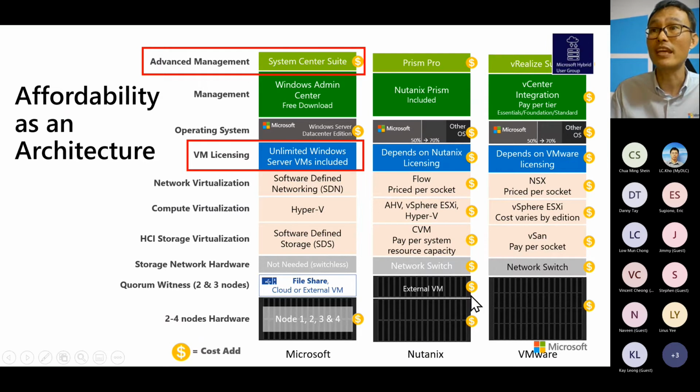Now, without saying, the ones that have the most dollar signs would probably be the more expensive ones, considering Azure HCI, if you're running it with Windows Server, you pay for the hardware, you pay for Windows Server, and optionally you pay for System Center if you want System Center. Comparing this versus this, you can see that for sure Azure HCI will be more affordable.